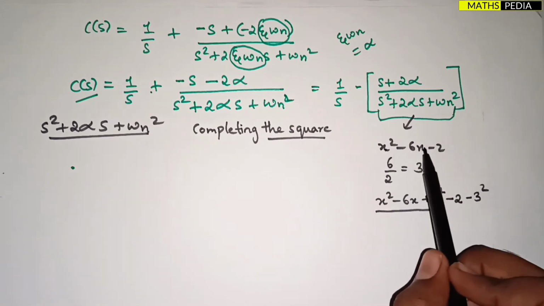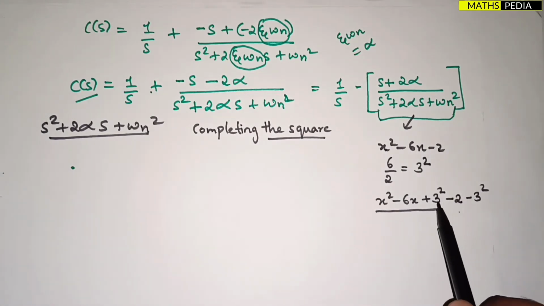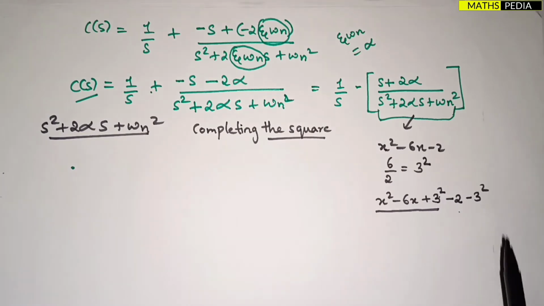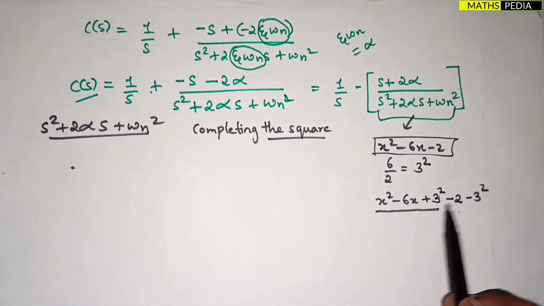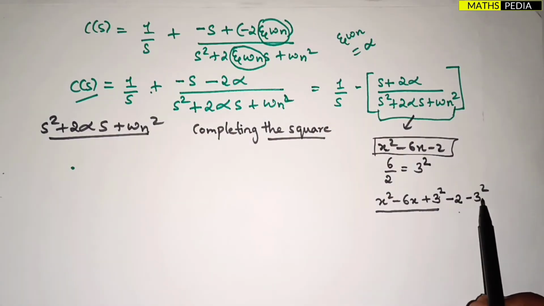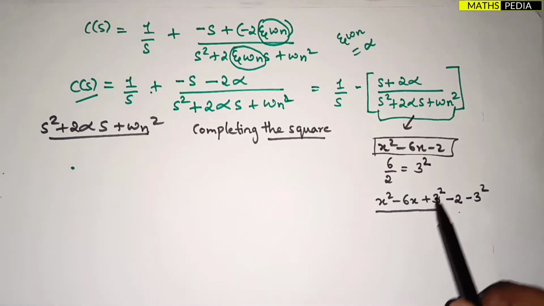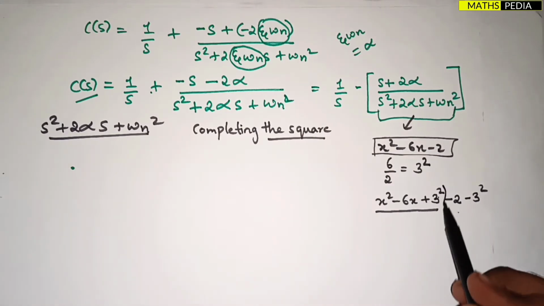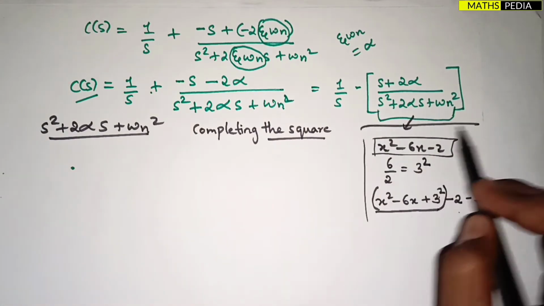So x square minus 6x, then I add 3 square, then minus 2 is already there. When you add 3 square, you need to subtract 3 square also, right? Because if I subtract this term, it will not disturb the equation. It will remain as it is. These two get cancelled. Okay, this is just for reference.